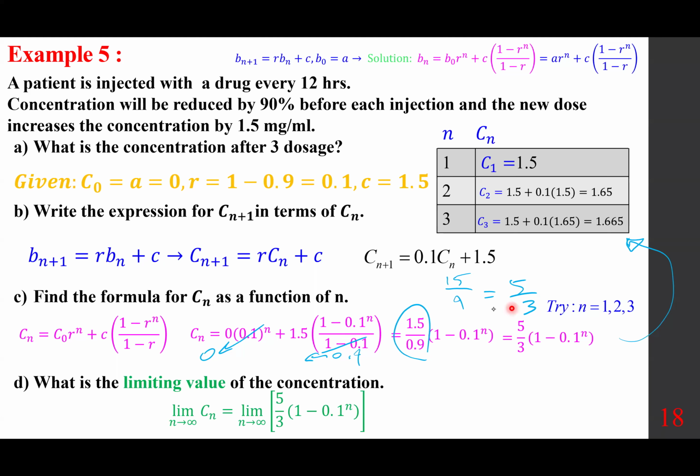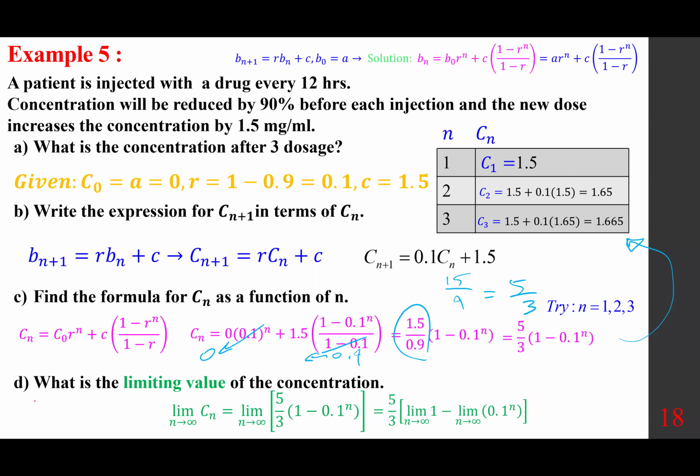So if you find the limit for this C sub n, the limit of 5/3 times 1 minus 0.1 to the power of n, you may see that this is 0, so it's 5/3 times 1. But just to do the steps, let's do the limit law by writing 5/3, limit of 1 as n approaches infinity, limit of 0.1 to the power of n as n approaches infinity.